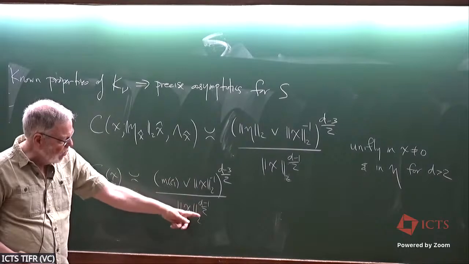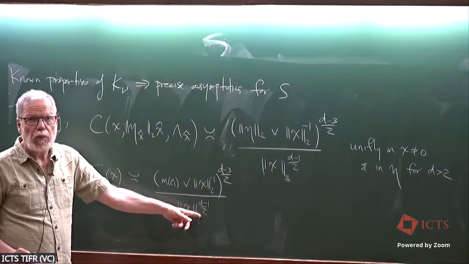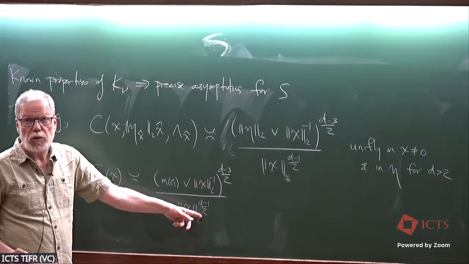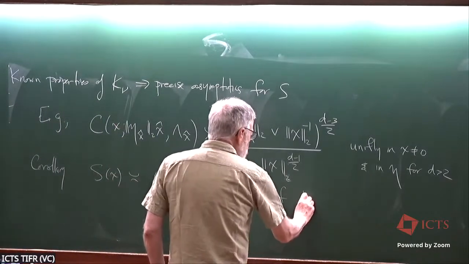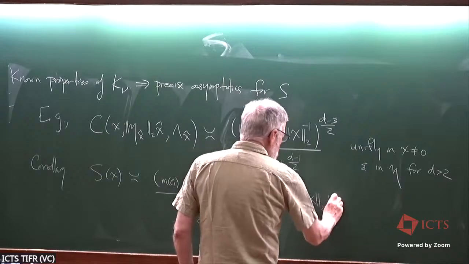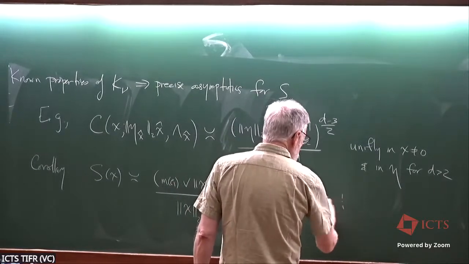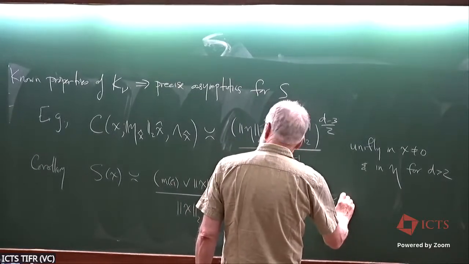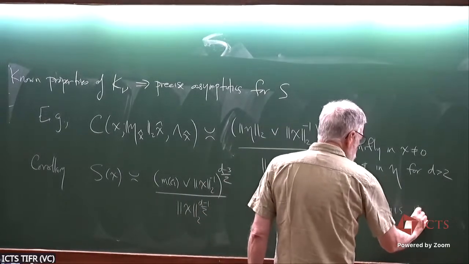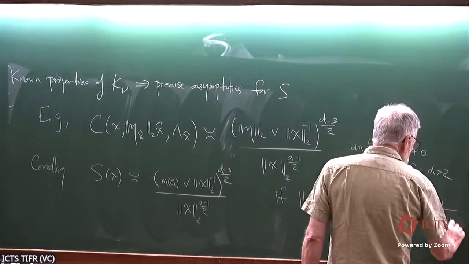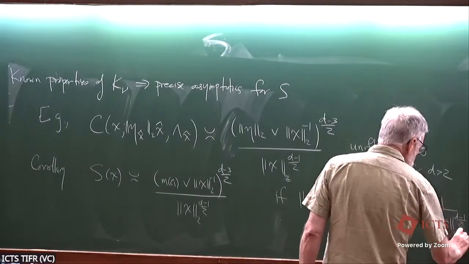These two powers will add up to d minus 2. So if x is of the same order as m, this is 1 over x to the (d−1)/2.